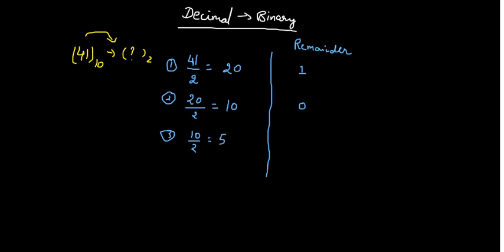Still we have 0 as remainder in this case. Now in the fourth step, we see 5 divided by 2, which is 2, and we have remainder 1. Now, in the fifth step, 2 divided by 2 is 1, but the remainder here becomes 0.